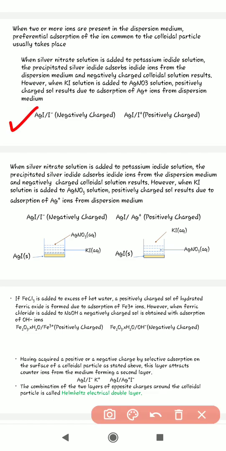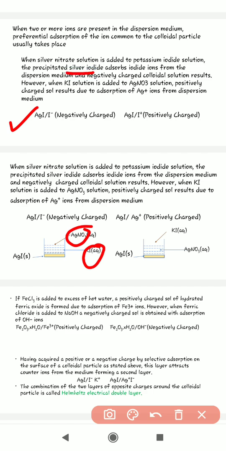So just look at the diagram once. We have taken potassium iodide aqueous solution, and in that you are adding silver nitrate solution. What will be the resulting compound? Silver iodide.